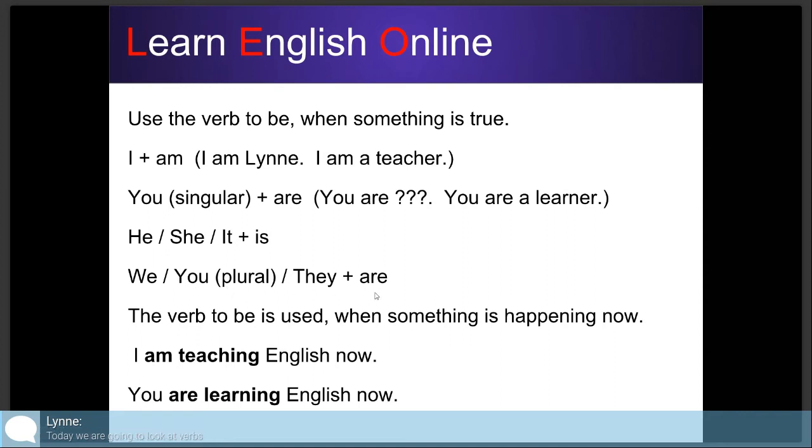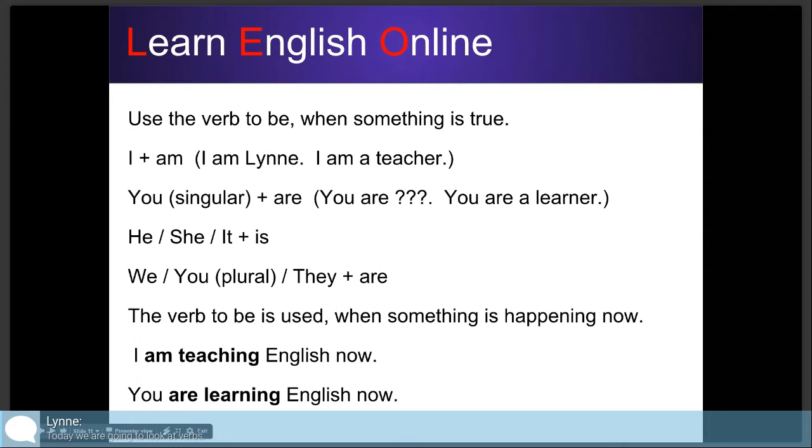Okay. We use this verb to be to show when something is happening now, and we need to show what's happening. I am, what am I doing? I'm teaching English. I could just say, I'm teaching English. Okay?